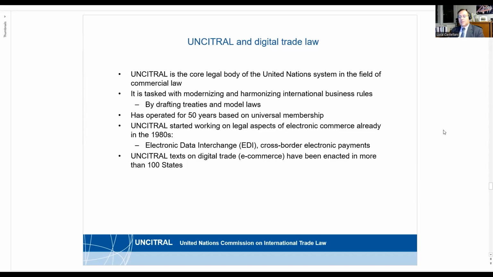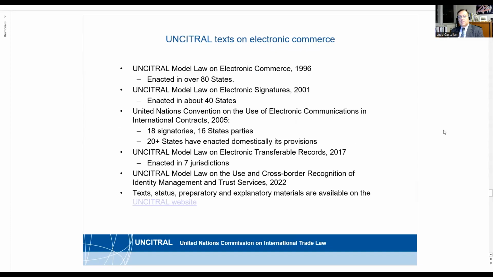UNCITRAL started working on what is traditionally called electronic commerce, but it's really digital trade already in the 1980s, dealing with electronic data interchange and cross-border electronic payments. It is important to note that UNCITRAL texts on e-commerce have been enacted altogether in more than 100 states. That means that not all the texts have been enacted in all 100 states, as you can see, but the different texts have been enacted in different states, and altogether there are more than 100.